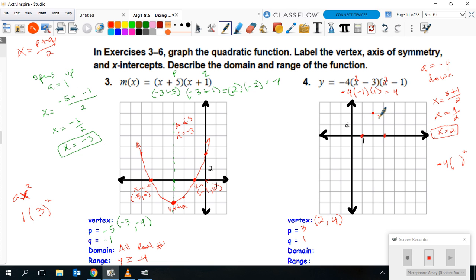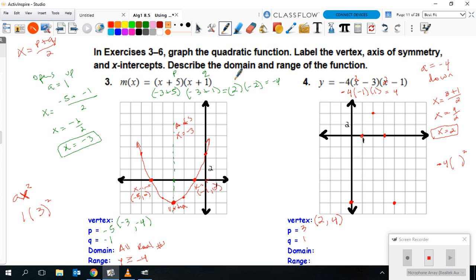If I go 2 to the right or left, 2 squared is 4, and 4 times -4 is -16. So I have to go down 16. So I'd be going down 2, 4, 6, 8, 10, 12, 14, 16 puts me right here. Again, go 2 this way, I'm going to go down the same amount all the way down to here. So it's a very thin graph.